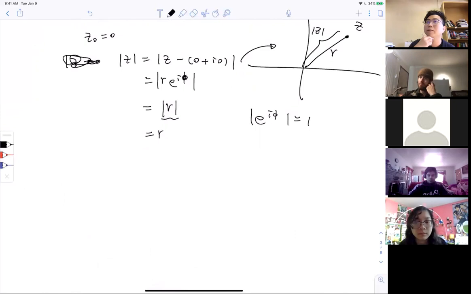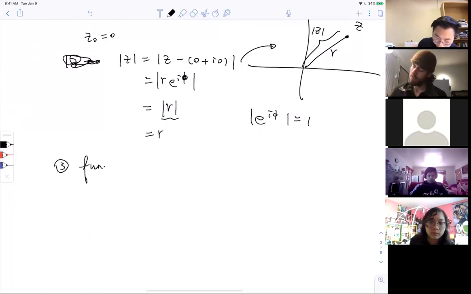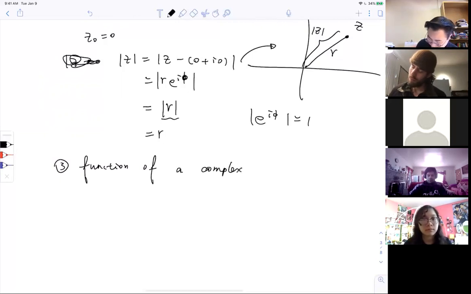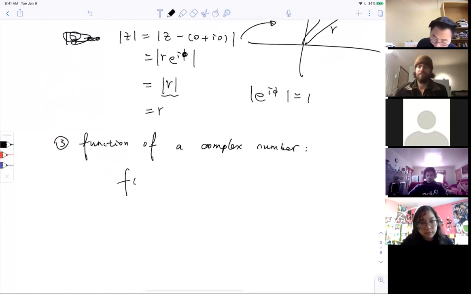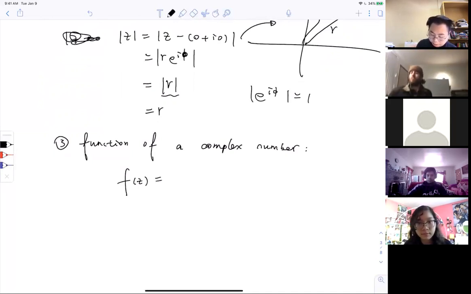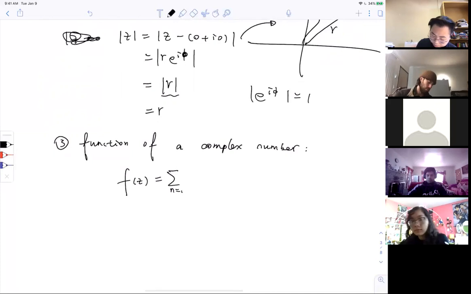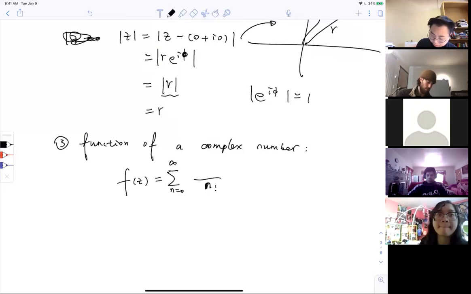Okay, the next thing I want to talk about is functions of a complex number. Usually when we have a function whose argument is a complex number, it's defined using the Taylor series, with some coefficients.